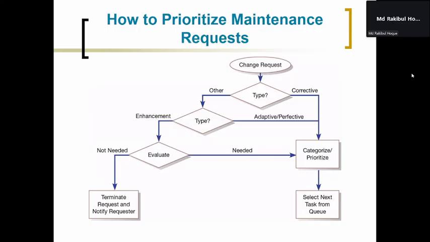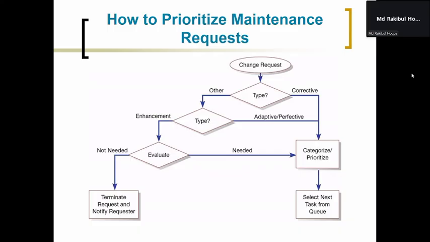And finally, all types of maintenance services will be terminated because Mr. X requested maintenance. So when the maintenance service is done, you will notify the requester, okay, your problem is solved. So this is the way. Some people will request a change, and finally these requests will be terminated by improving your system.